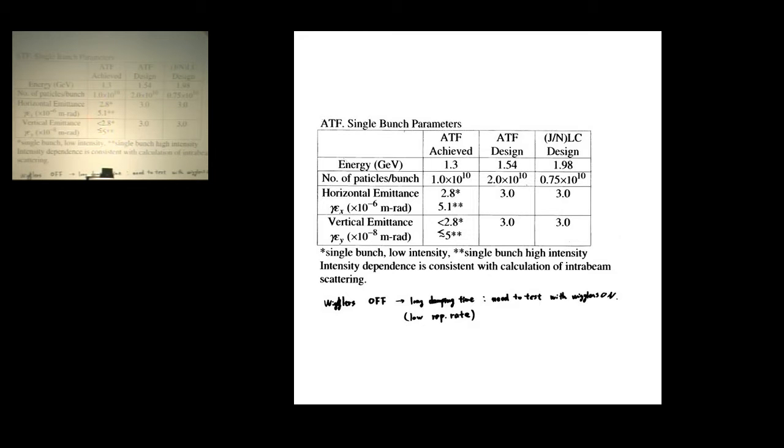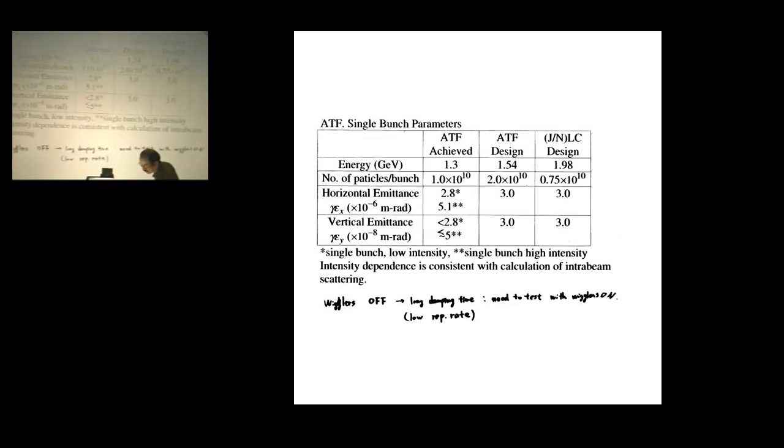But if we go to higher intensity, then we observed a very strong dependence on the intensity, and this comes from the intra-beam scattering. I will show that next. And I should say that we don't use wigglers now.